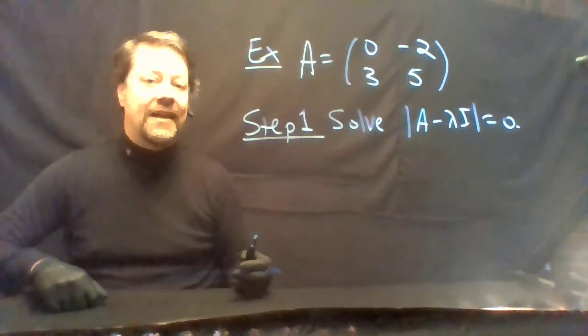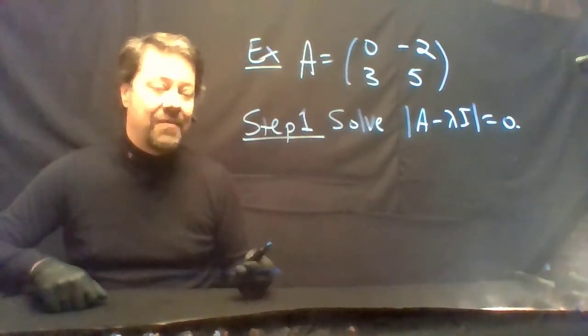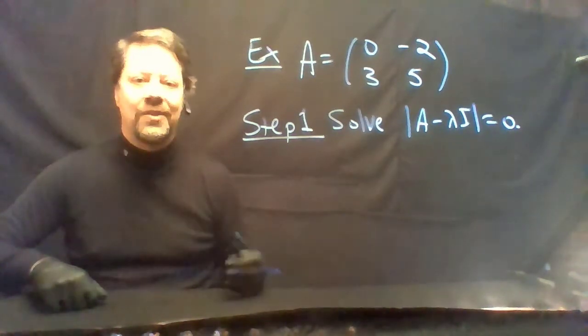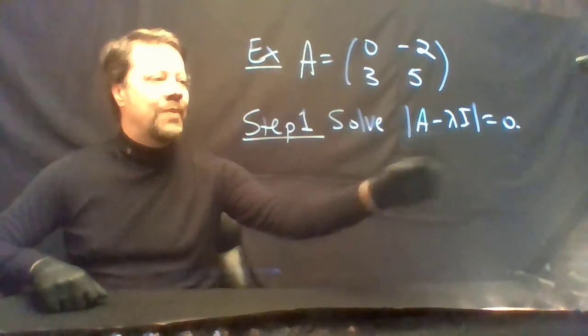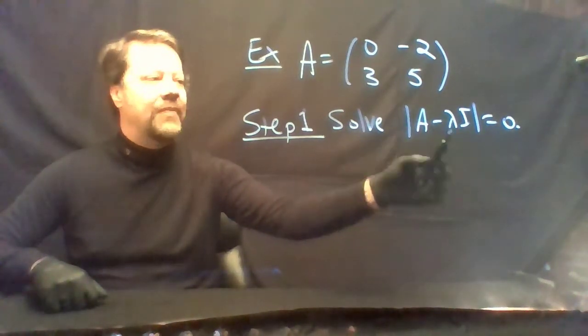Remember, A minus lambda I is singular when lambda is an eigenvalue. So the determinant will be 0 if we have the right choice of lambda. But we don't know what lambda is yet. So what we'll do is we'll calculate the determinant of A minus lambda I.